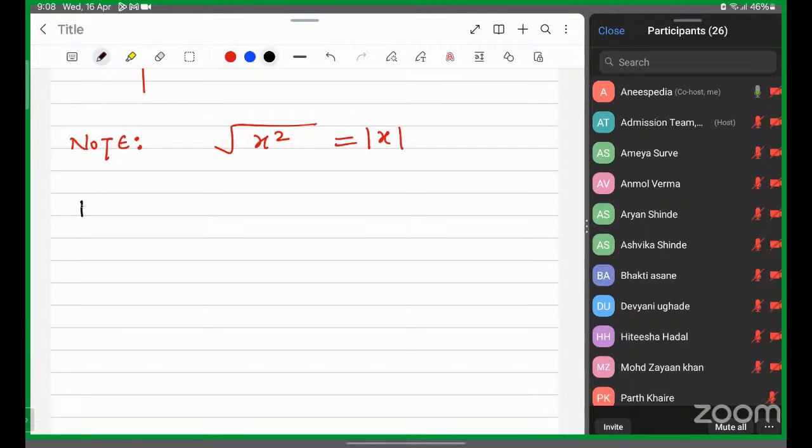Next is modulus function. Modulus function, which is also known as absolute value.